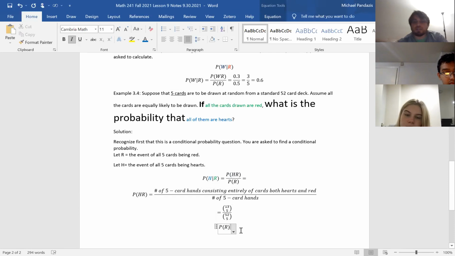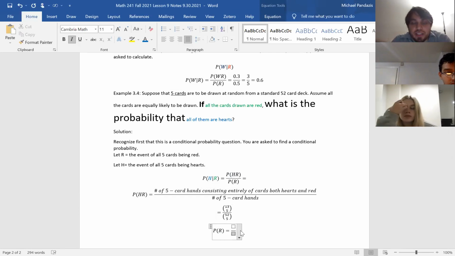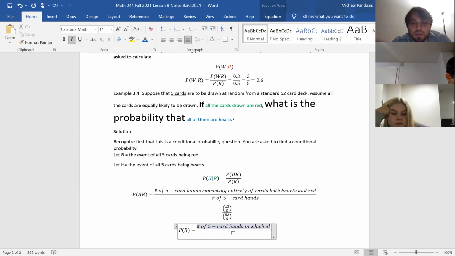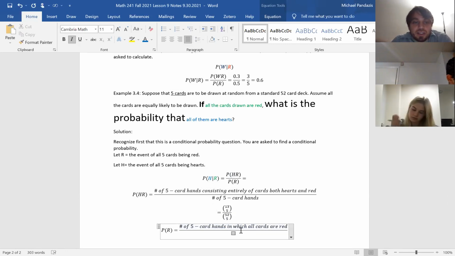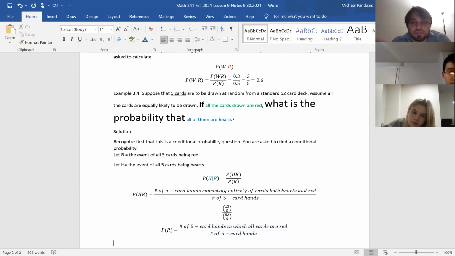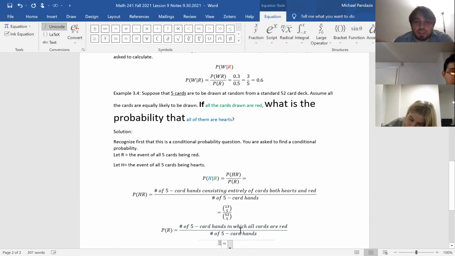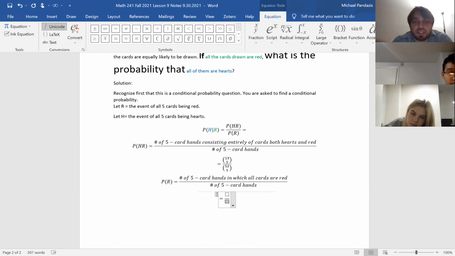The probability of a 5-card hand where all the cards are red is equal to the number of 5-card hands in which all cards are red divided by the number of 5-card hands. The number of 5-card hands is still the same as before: you have 52 cards in the deck and you want to choose 5 of them.